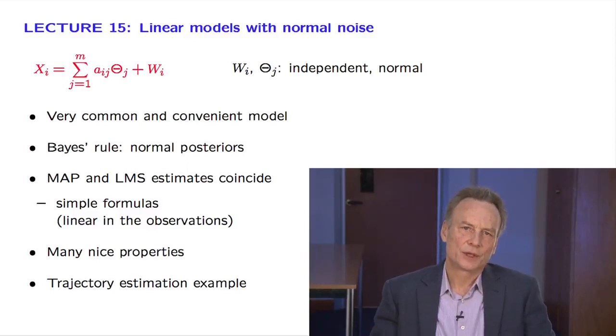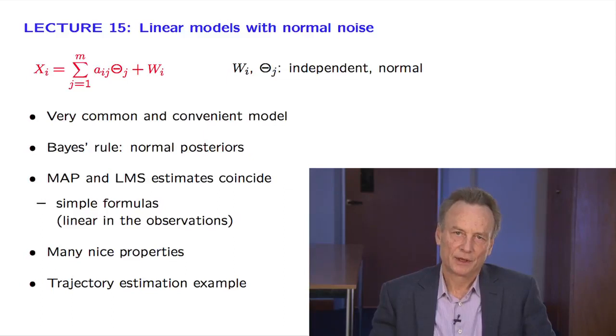In the model that we consider, we start with some basic independent normal random variables. Some of them, the theta j, are unknown, to be estimated, and some of them, the wi, represent noise. Our observations xi are linear functions of these basic random variables.